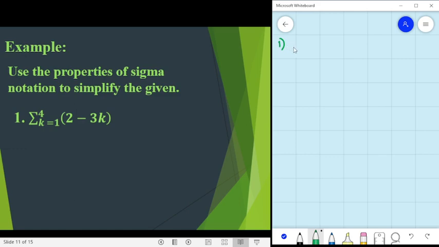To apply the property, it should be the summation of 2, where k runs from 1 to 4, minus 3 times the summation of k, where k runs from 1 to 4. Which is similar to 2 times 4, since it is 1 to 4, minus 3 times the quantity 1 plus 2 plus 3 plus 4.